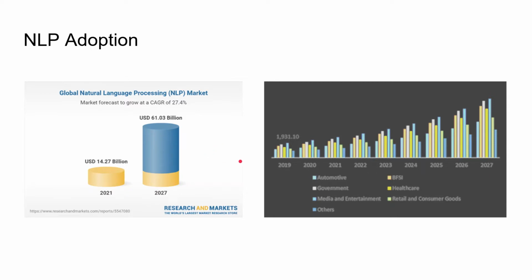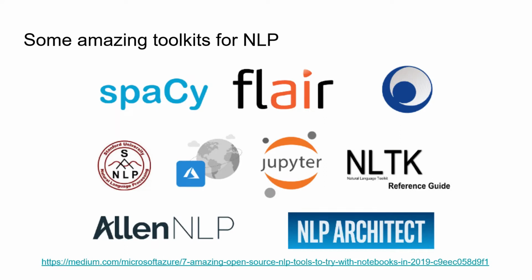So moving forward, we have some of the amazing tools for NLP. We are missing one tool here, that is the Hugging Face toolkit. It is one of the most adopted as well as one of the most used, or you can say one of the most favorite NLP toolkits out there. We have spaCy, we have NLTK, we have AllenNLP. We have all of these amazing toolkits.